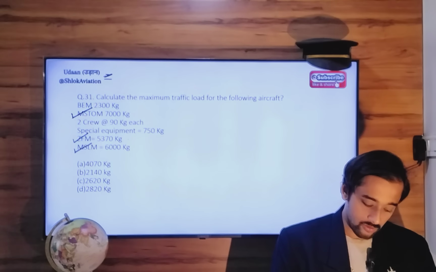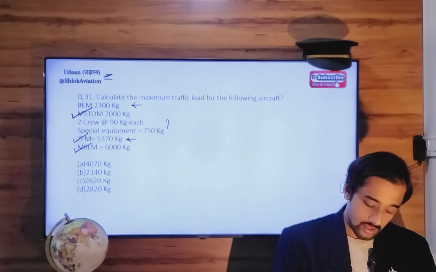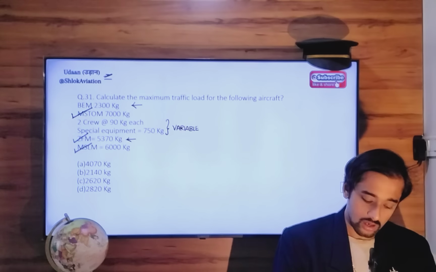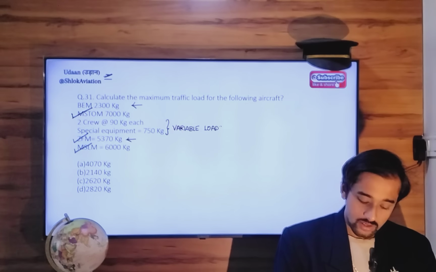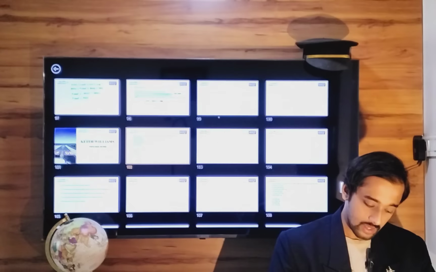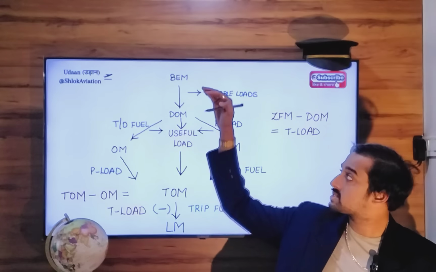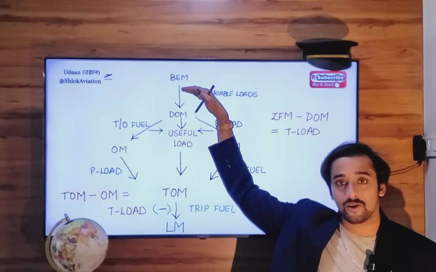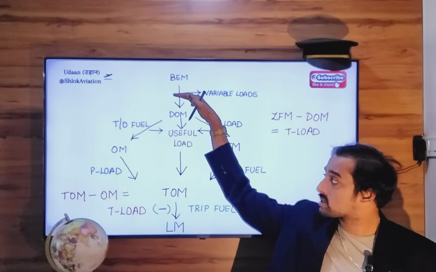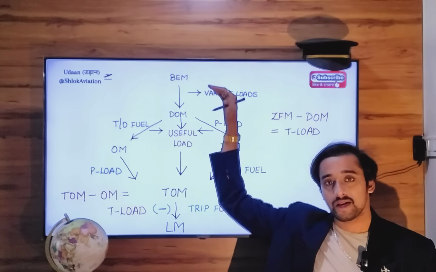Look at this question. We have been given zero fuel mass, basic empty mass, and the masses of variable loads, right? In the previous lectures, I had drawn a flow diagram in which I explained how we start from the very basic, that is basic empty mass, and follow this route down to takeoff mass.